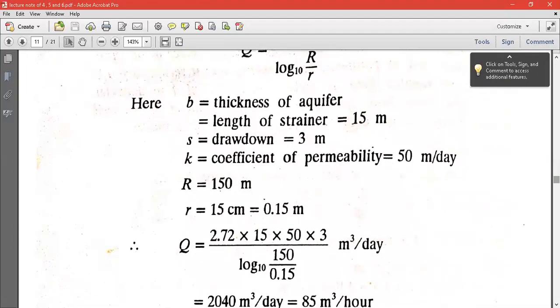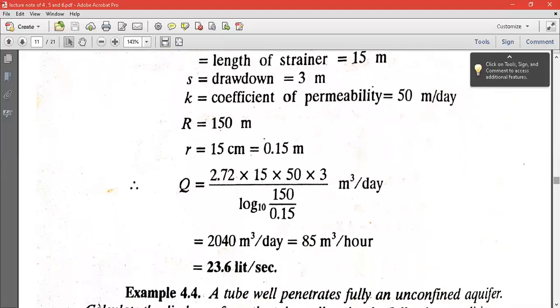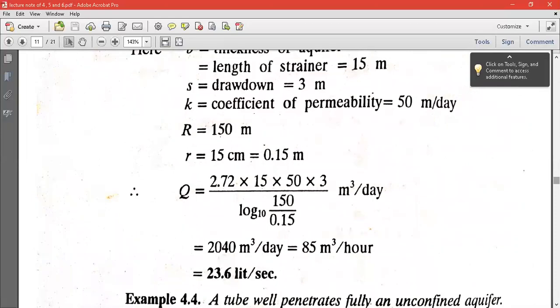And log 10 capital R by small r means 150, and small r, that is the radius of the well, is 0.15. So ultimately, after converting the unit, you get 85 meter cube per hour, that is finally converting to liter per second as 23.6 liter per second.